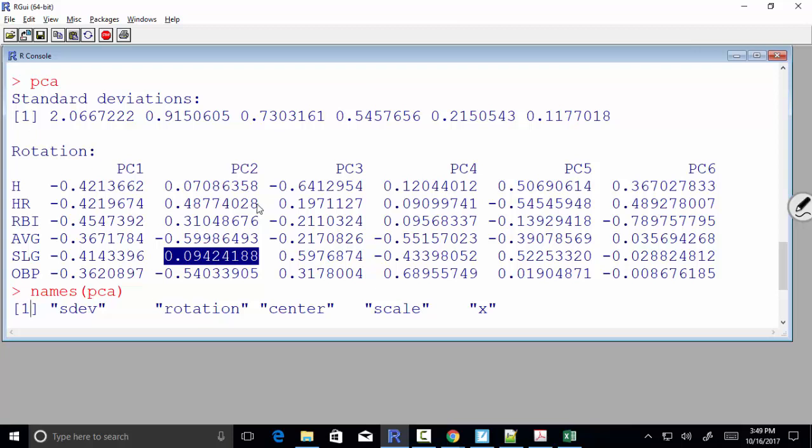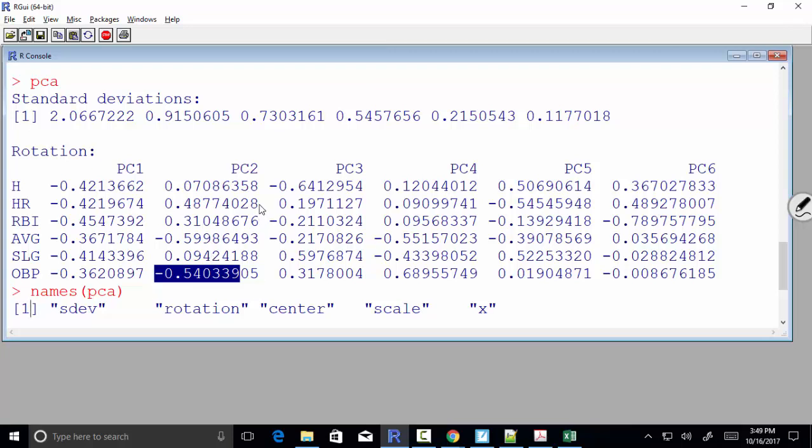The biggest numbers by far are here, here, here, and here. So what we typically do when it comes time to say what's the story behind PC2 is just ignore hits and slugging percentage. They don't really come into play so much.